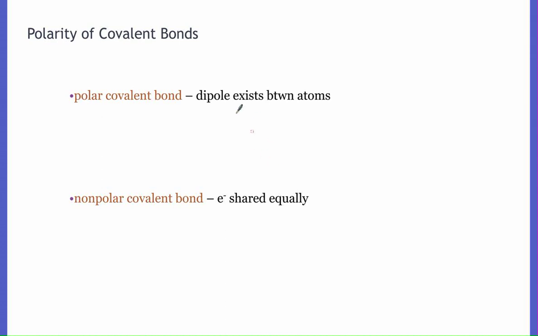If I had, right, any given bond, let's think about one that we've talked about before, right? That bond between an oxygen and a hydrogen in water. We should know from prior experience, especially in biology when I talked about it, that water is a very polar molecule, right? And the oxygens pull much, much harder on electrons than the hydrogens do, right?